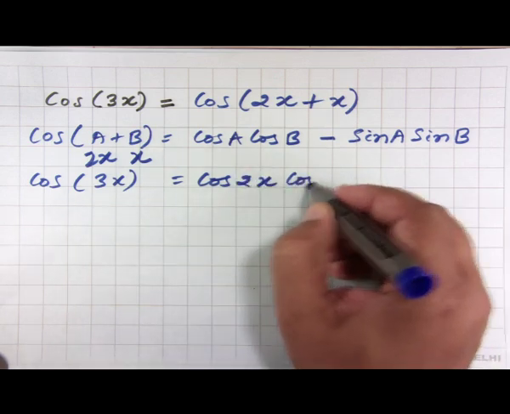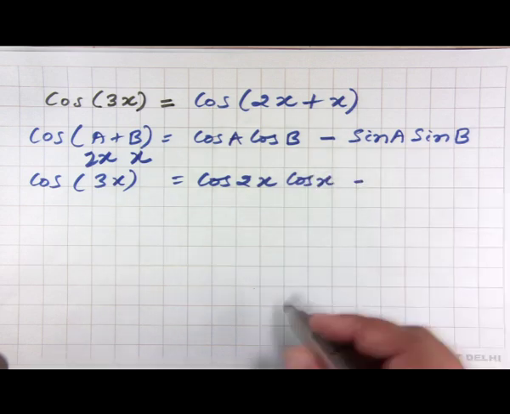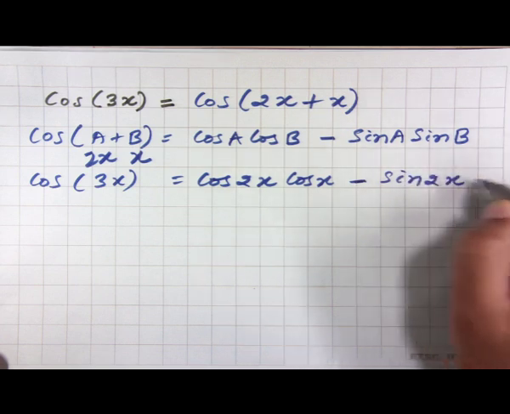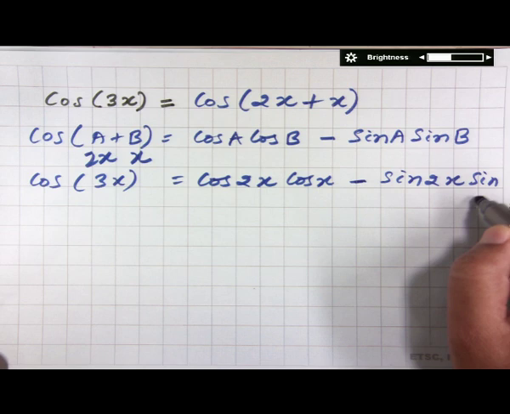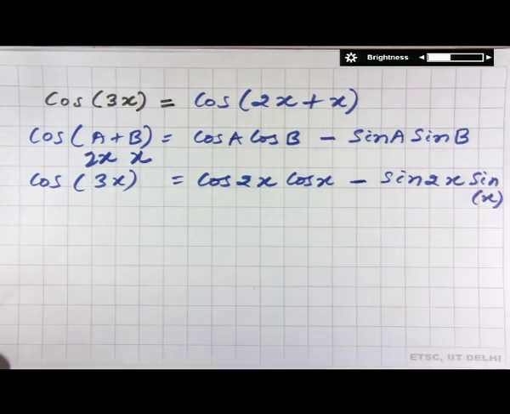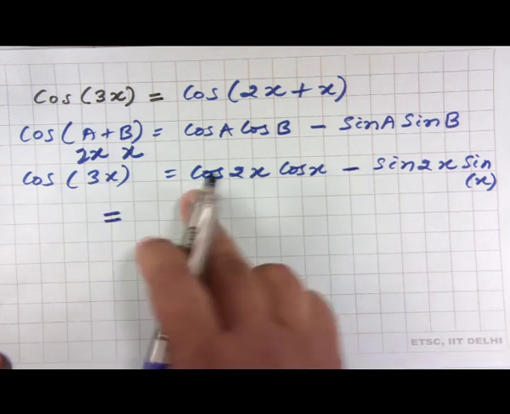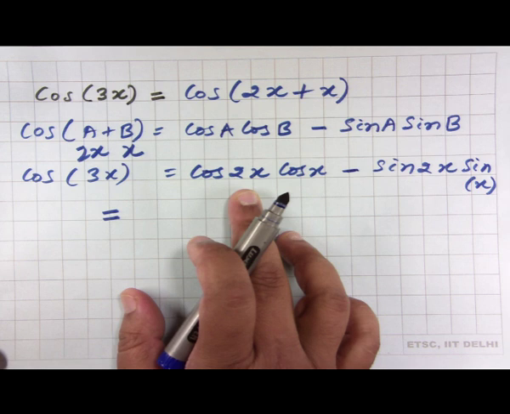times cos x minus sine 2x times sine of x, which is equal to, now we know that cosine of 2x is equal to 2 times cos square x minus 1.